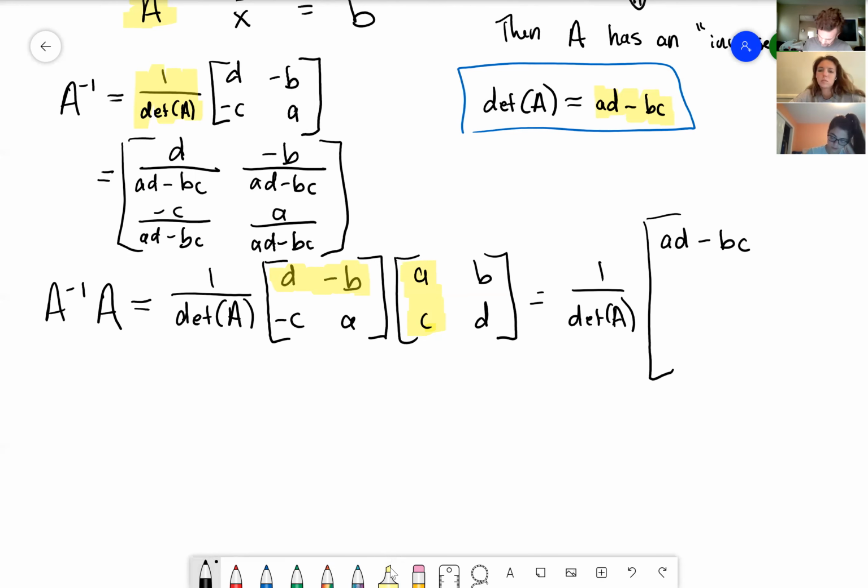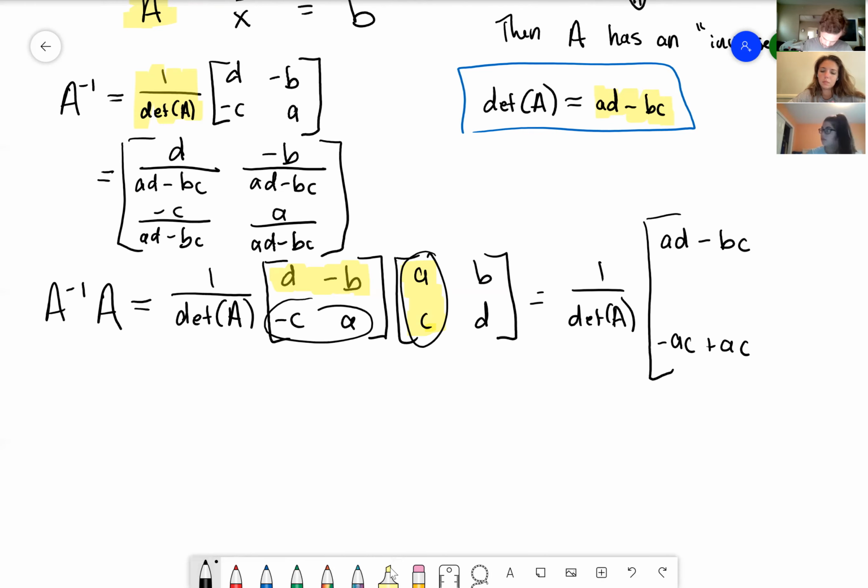That'll be our first entry. Should look familiar. So for the first column, second row, we'll take again the first column here and the second row here, and we'll multiply corresponding entries and add. So we'll get minus A times C, and then plus A times C, and you can see where that's going.